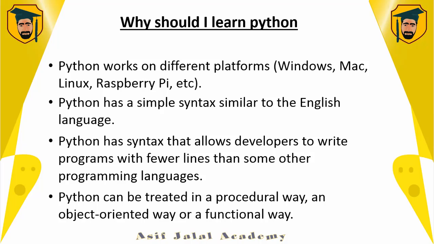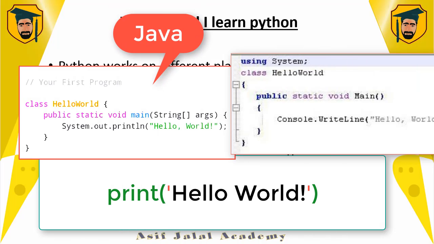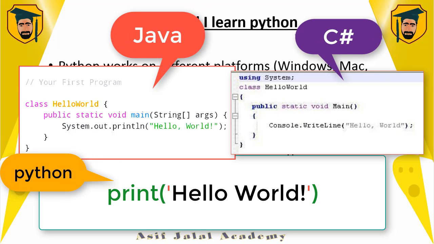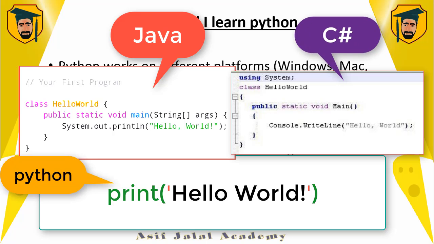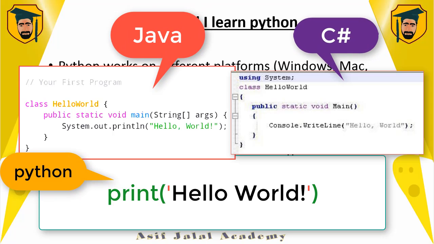You can see on your computer screen that a simple hello world program written in other languages like C# and Java has more lines of code than Python. Python has just one line of code: print hello world. In other languages, there are so many lines of code to write just a hello world string on the screen. So this is another benefit.